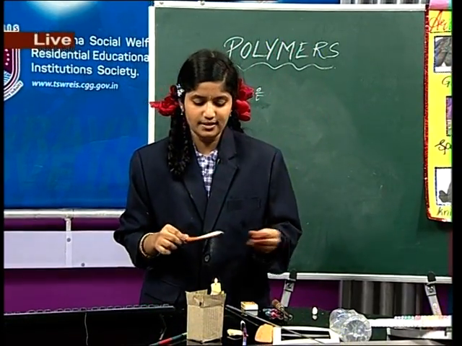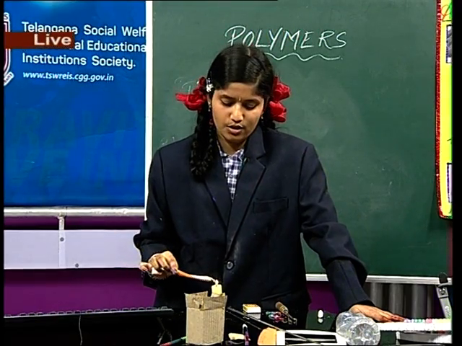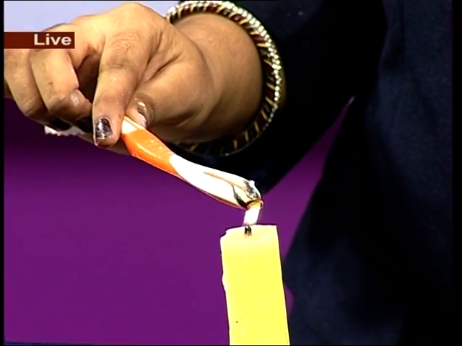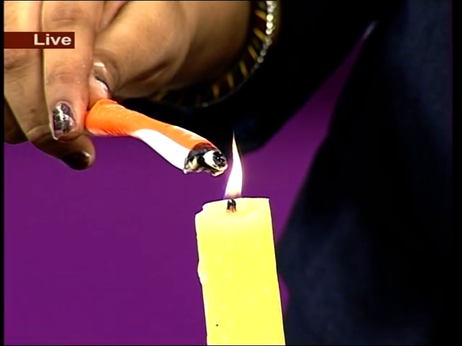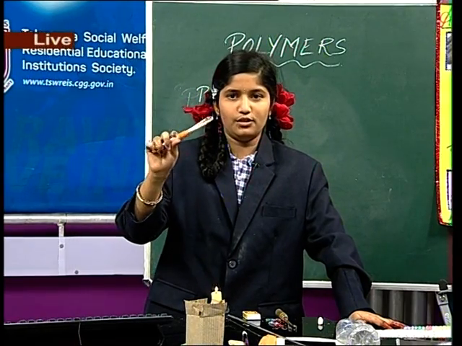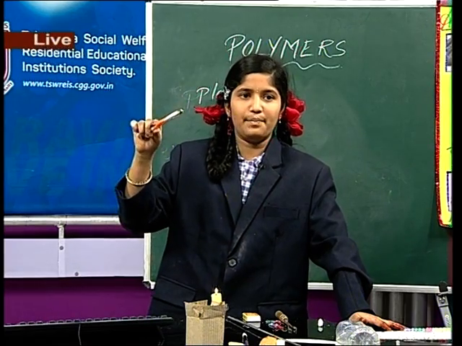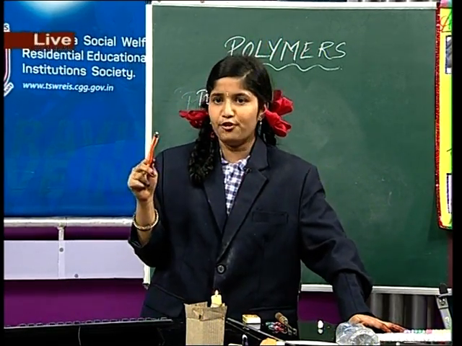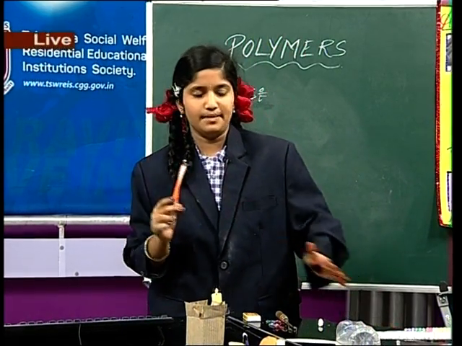See carefully friends. Now I am burning the toothbrush. See what is happening. The toothbrush melts easily and can be softened. The toothbrush can be deformed easily, so this is an example of thermoplastic.